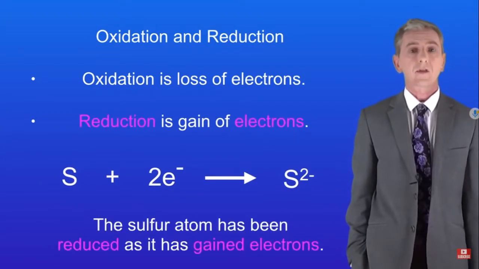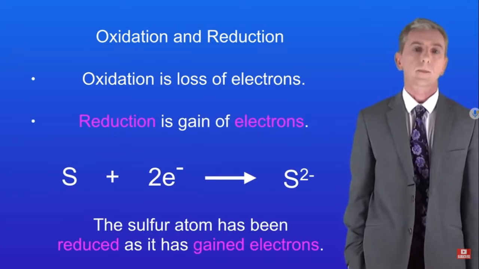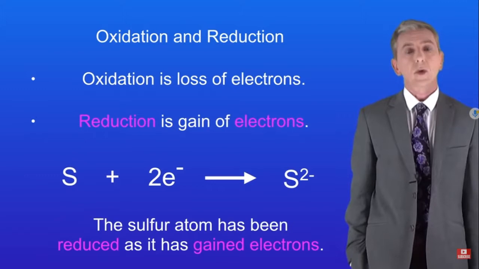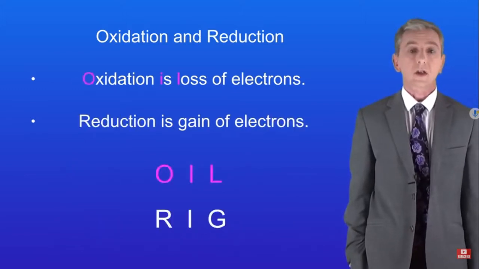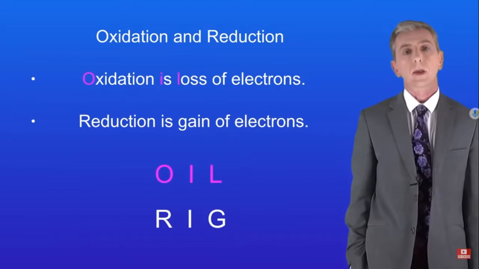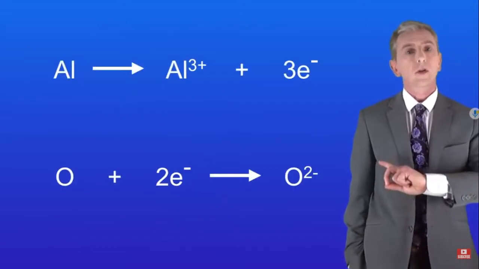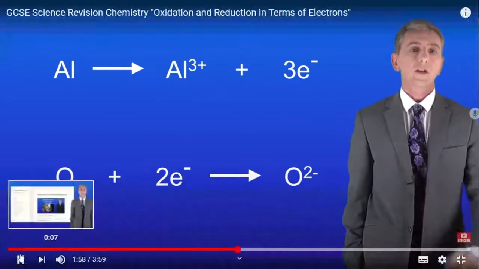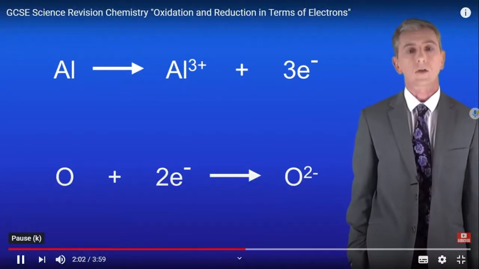We can see that in this case, the sulfur atom has been reduced as it has gained electrons. Now, there's a fairly easy way to remember this. Think of the words OIL RIG. Oxidation is loss of electrons, and reduction is the gain of electrons. Here are 2 examples for you to try. Pause the video now and work out whether these are oxidation reactions or reduction reactions.